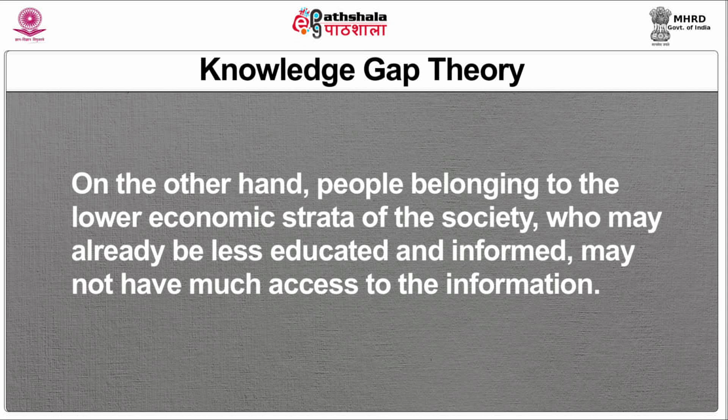On the other hand, people belonging to the lower economic strata of the society, who may already be less educated and informed, may not have much access to the information. This may further intensify their lack of knowledge.